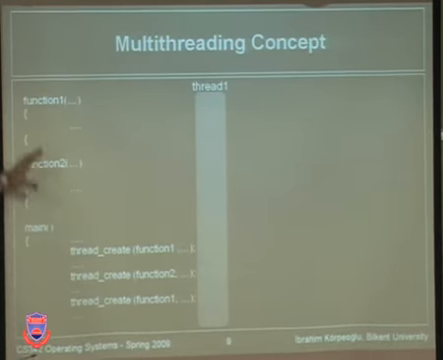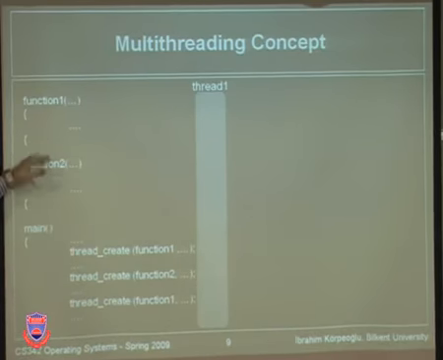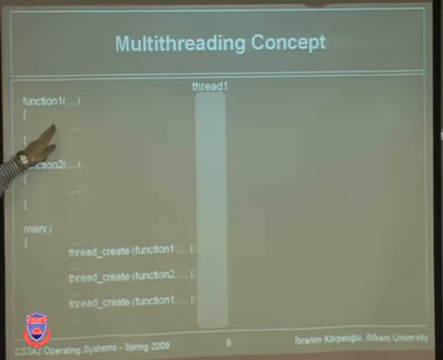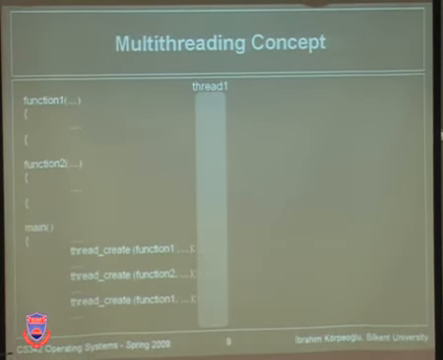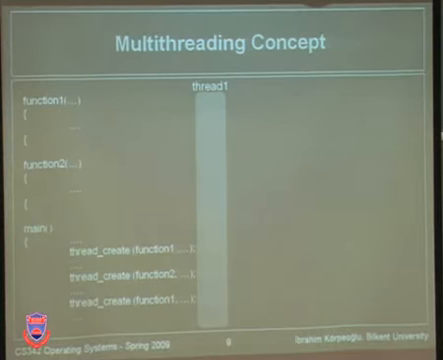But each will have a different stack, because one thread may call this function, and that function may call something else. Just before finishing that function, another thread may be called, pushing some parameters into the stack. So each thread should use its own stack to push its functions' parameters, because each thread will call a different sequence of functions and so on.